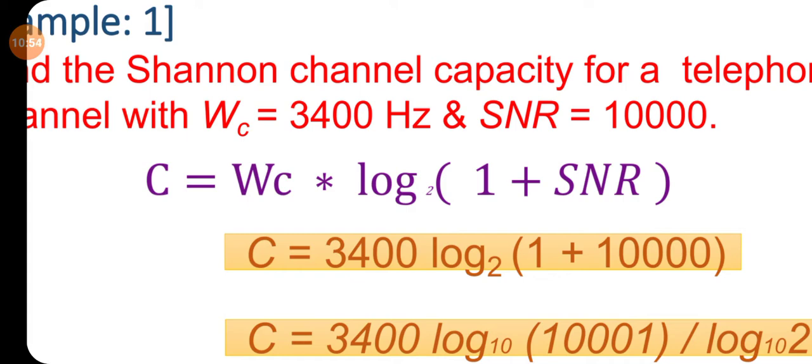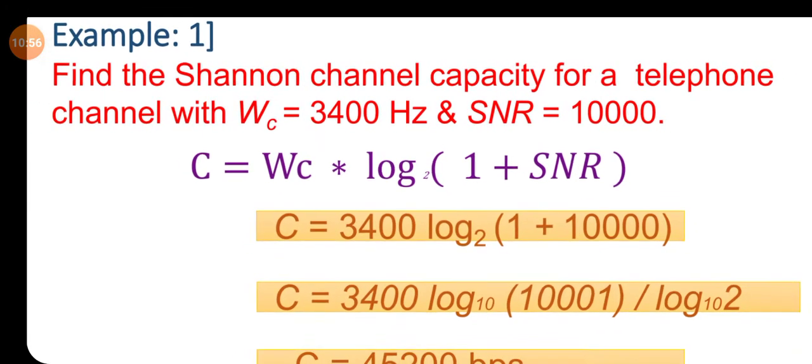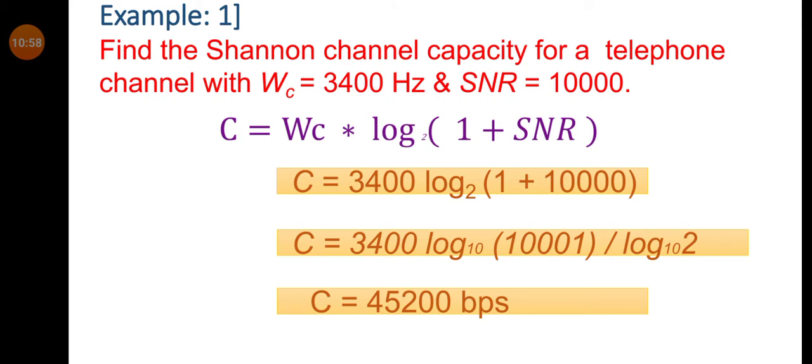Here we have to understand what is given and what we have to calculate. Using Shannon's theorem, they have told us to find the channel capacity, meaning the maximum data rate of the channel, for a telephone channel, and that telephone channel has bandwidth 3400 Hz.